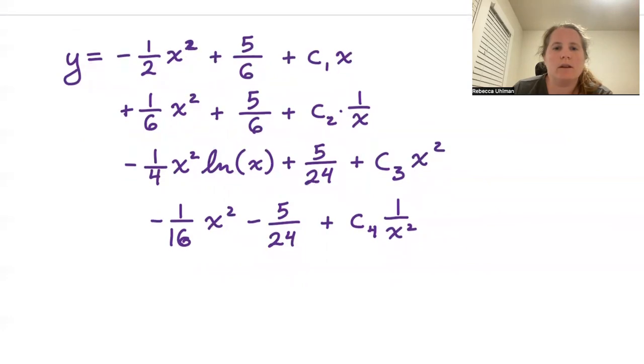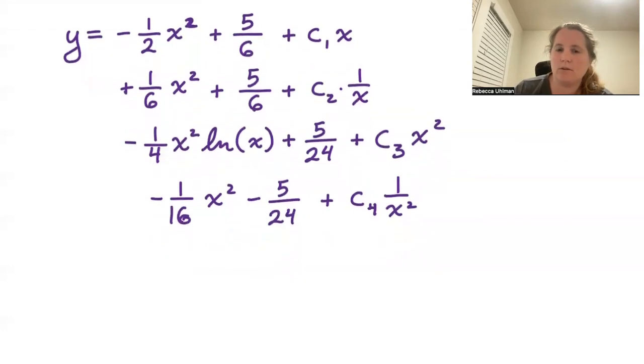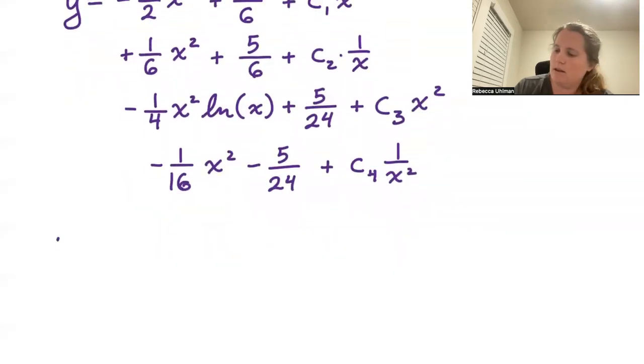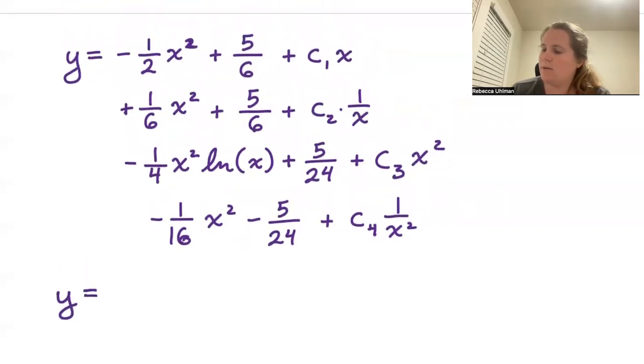So we have a plus 5/6 and a plus 5/6, and then we have a plus 5/24 and minus 5/24 for the constant components. So those cancel each other out, and we just have 10/6. For our x squared component, we have a negative 1/2, a plus 1/6, which would be negative 1/3 there, and then minus 1/16.